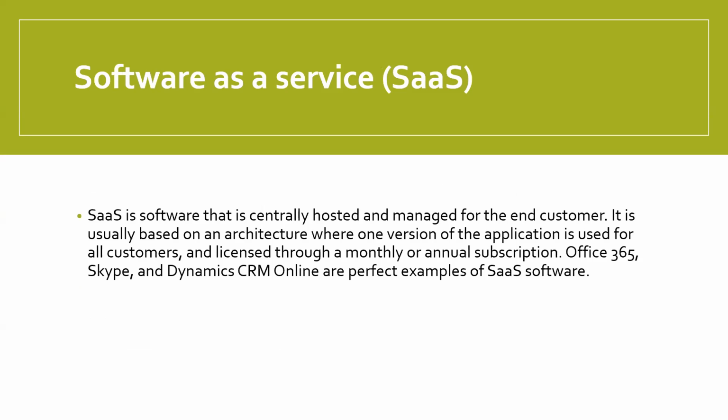You're just consuming their service, so you pay monthly or annually. So Office 365, you pay annually, $70 per year, and Skype maybe monthly or annually, so it's subscription based. Okay, that's a good example for SaaS.